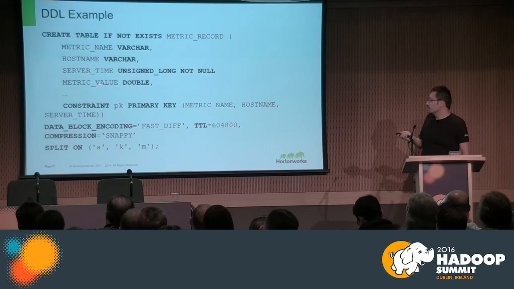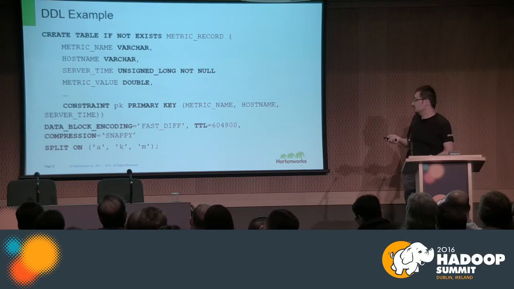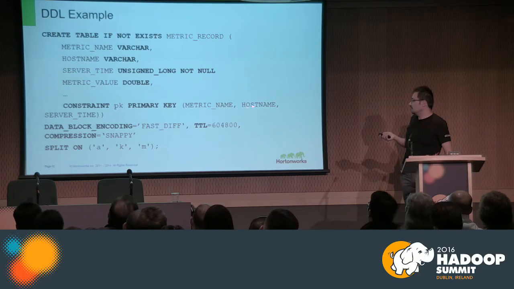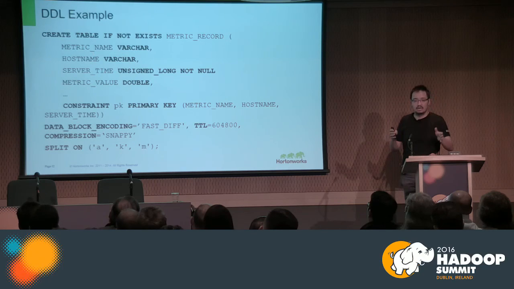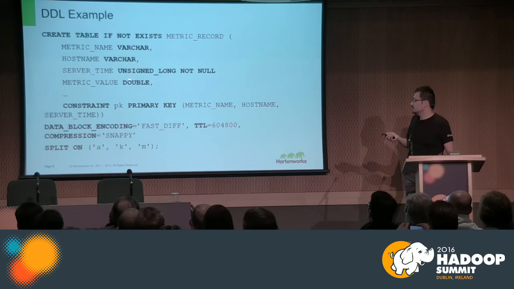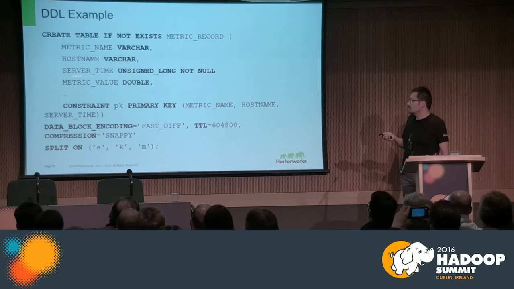The metric value is just a double that we emit from the servers. Here we are giving a primary key, which is metric name, host name, and the server time. These three columns together are concatenated into the primary key, and the metric value becomes the actual data that's not part of the primary key.